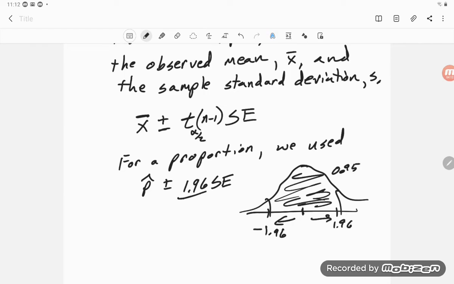If I wanted a smaller interval, I would have to drop my confidence. If I wanted a larger interval, I could increase my confidence. But typically we go with the 0.95 because that goes with our alpha of 0.05.